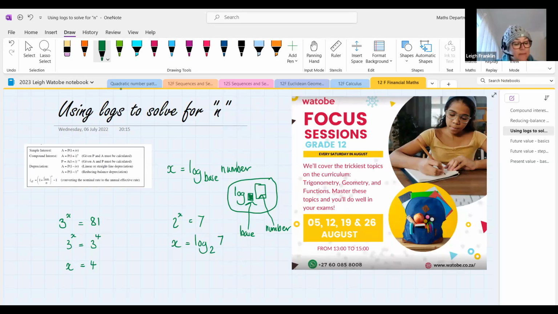So press that button, put in the 2, the base 2, go over and put in the 7 and press equals. And hopefully you're all seeing 2,807354, etc. There we go. Lovely, Mamelo and Lebogang. Good. So we can round x off to 2 decimal places, 2,81.